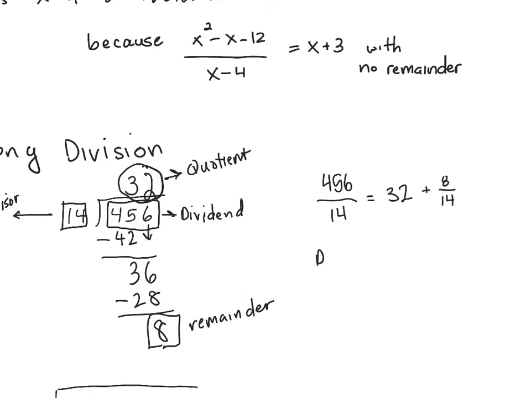So when we have the dividend over the divisor, it's equal to the quotient plus the remainder over the divisor.